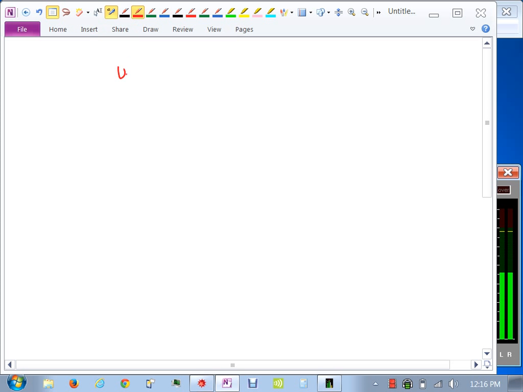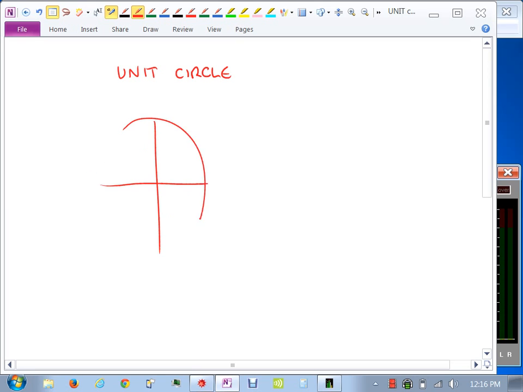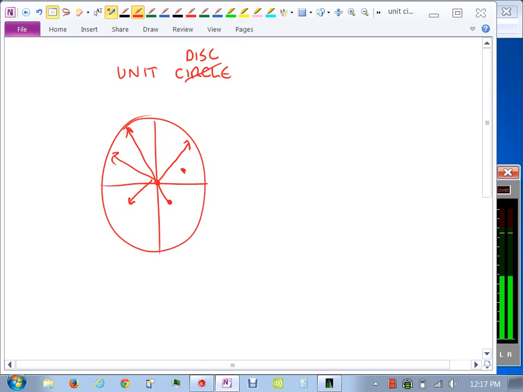We have all seen the unit circle, right? From pre-cal. It's basically all the points. And let's look at it, instead of a circle, as a disk. It would be all the points that are within 1 unit of the origin, right?